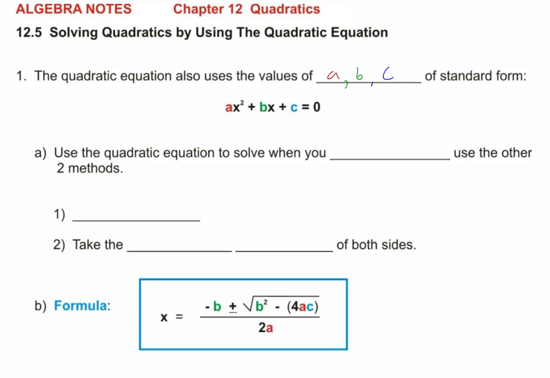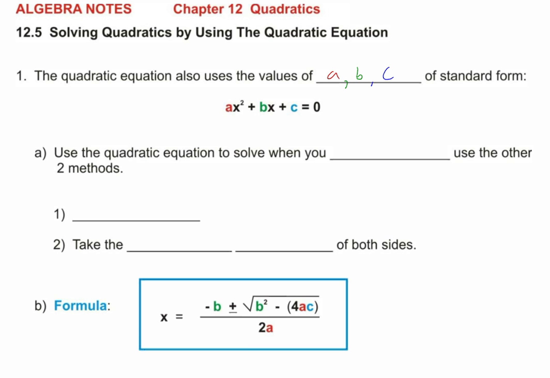It would be Z equals. What if they were T's? It would be T equals, right? What if they were a Q? Then this would be Q, right? The independent variable. So X equals negative B plus or minus square root of B squared minus 4AC all over 2A.